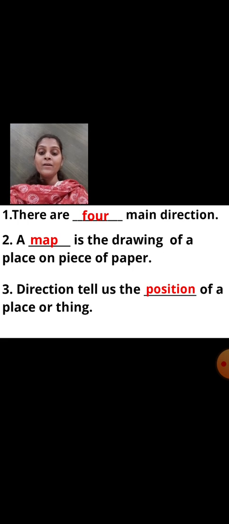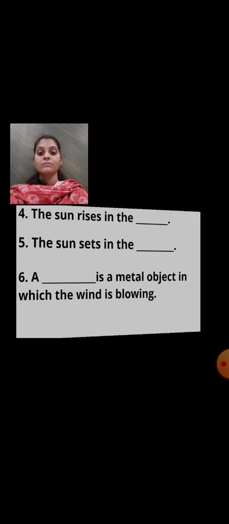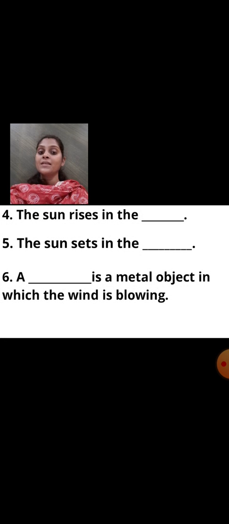Is it clear? Next question: The sun rises in the dash. From where does the sun rise? Yes, the sun rises from the east. The sun sets in the west. A dash is a metal object which shows the wind direction.